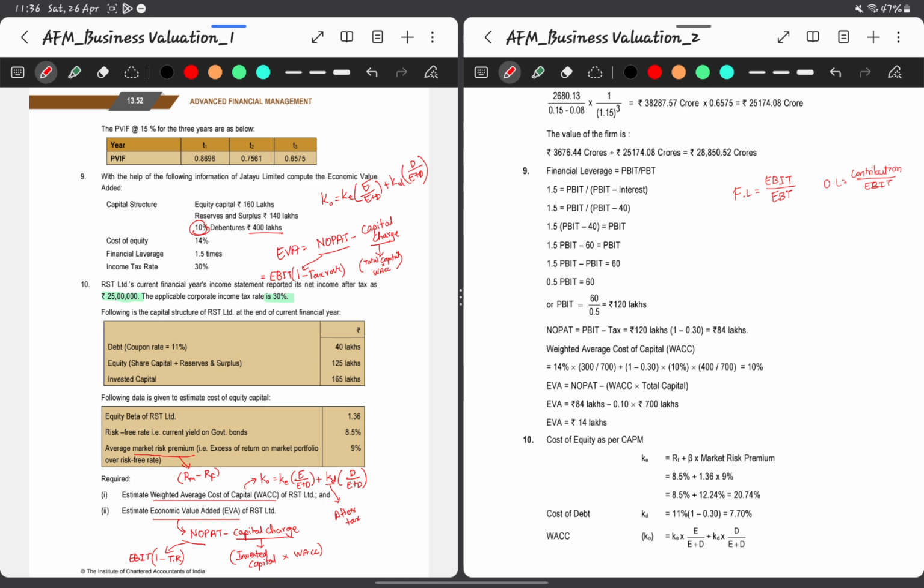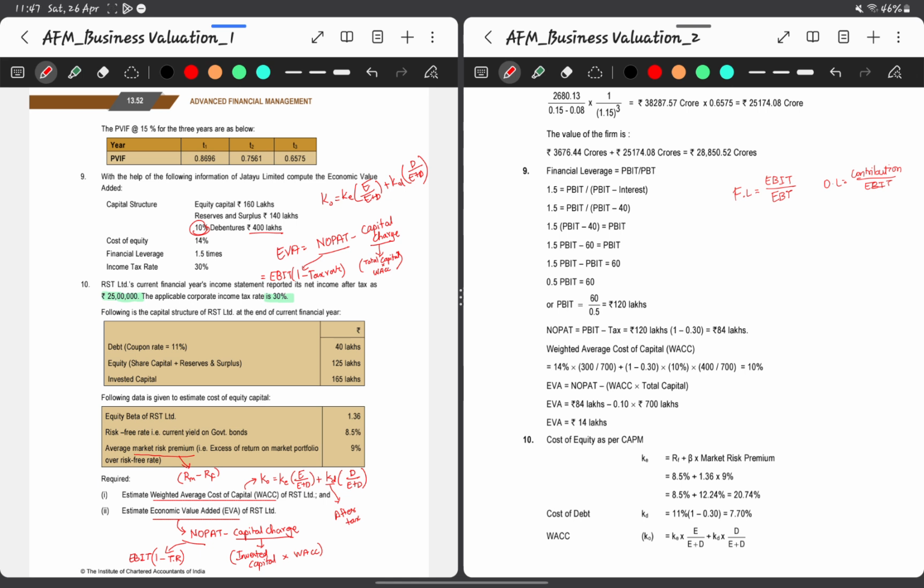Now, financial leverage they've given us as 1.5 times. Financial leverage gives us the sensitivity of the EBIT towards EBT, so it gives us the impact of interest on the return of the equity.